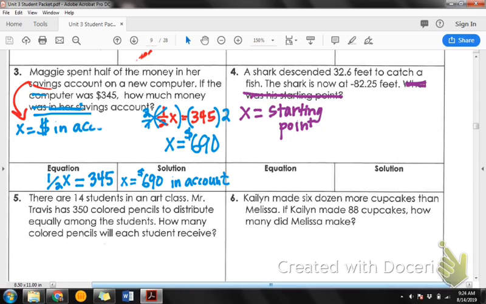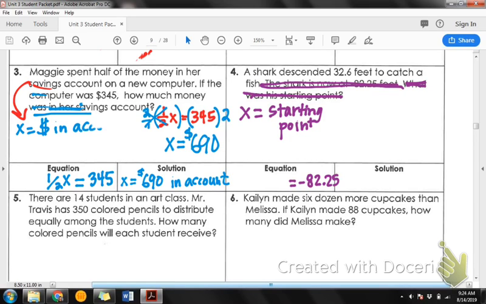Negative 82.25. Is the negative 82.25 the total that we're at now, or is it the 32.6? What do you guys think? Which one is our total? The negative 82.25. Okay? So we know that goes on the other side of our equal sign.